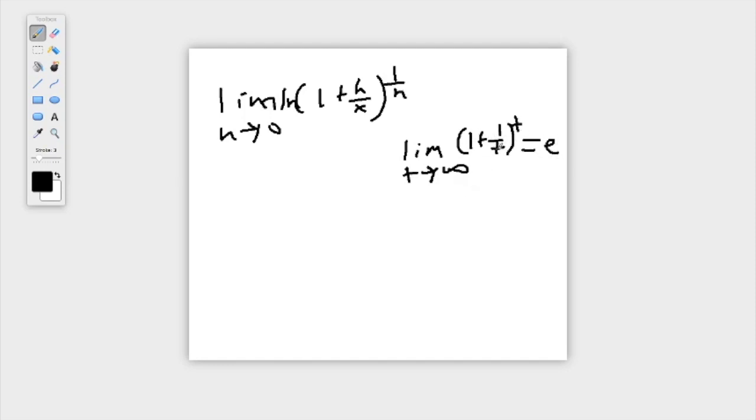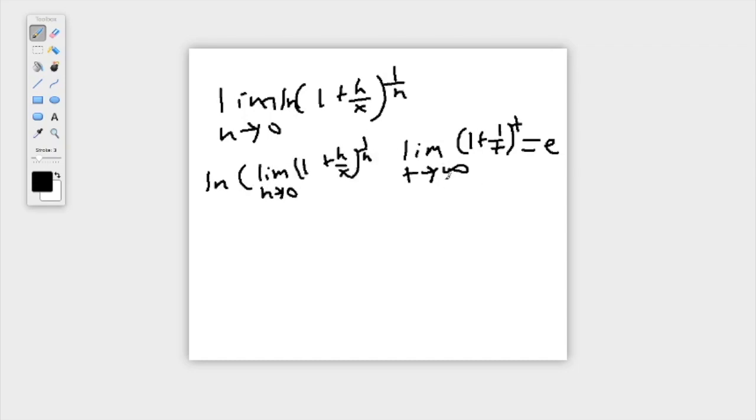So if we can somehow manipulate this function to be similar to this, then we could probably find the derivative of this function. So what I'm going to do is put the limit inside the natural log, because this is actually a property that you can use for limits.